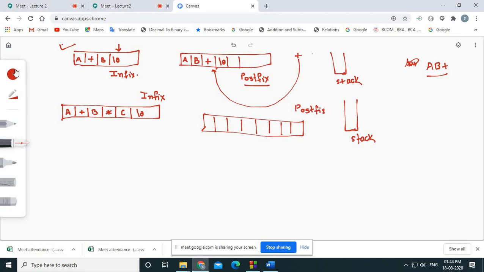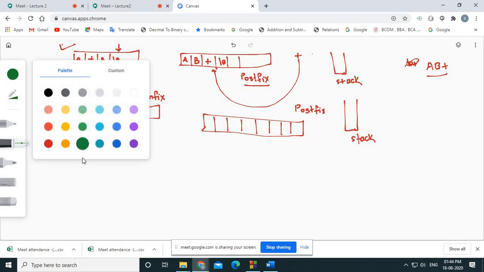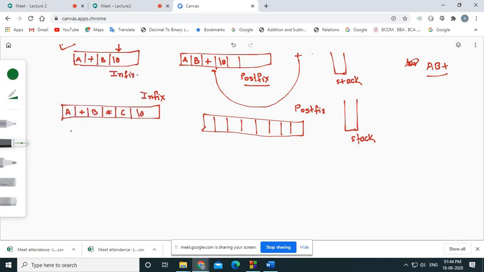So here I will start with a variable I, and I will be 0. Similarly, I have another variable J, initialized with 0. Now you just have to take the ith element of infix.